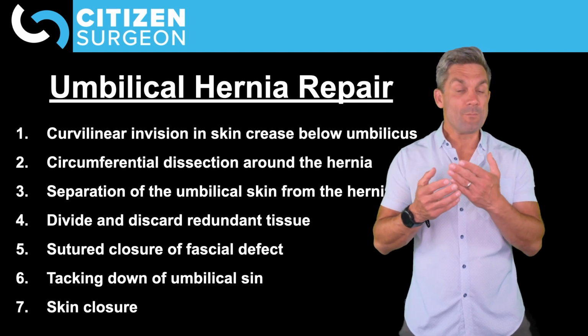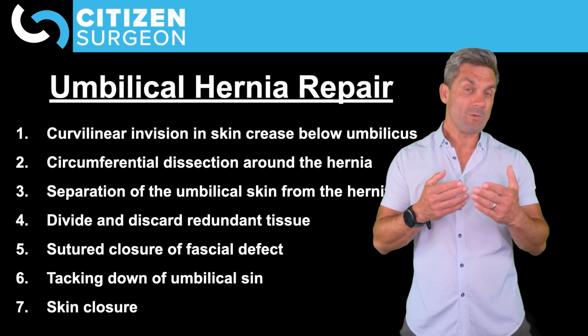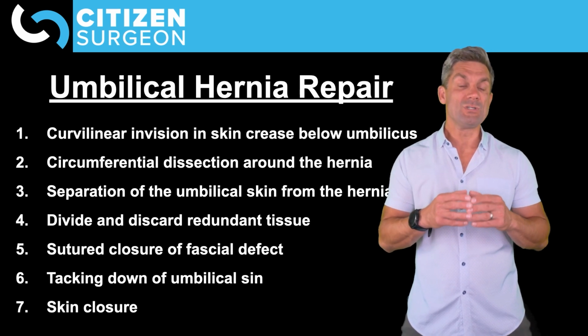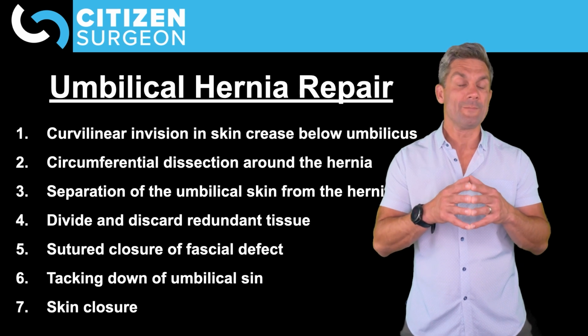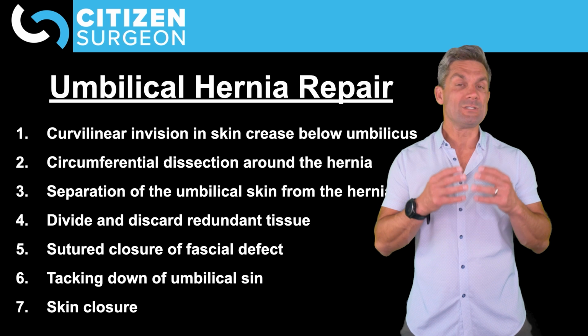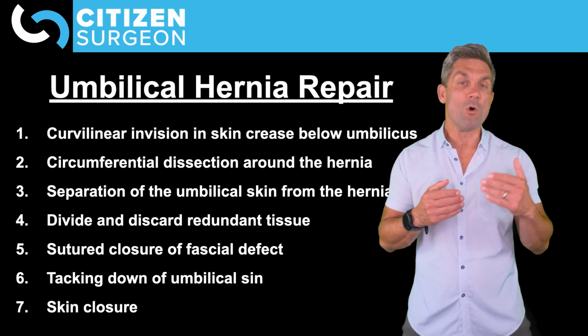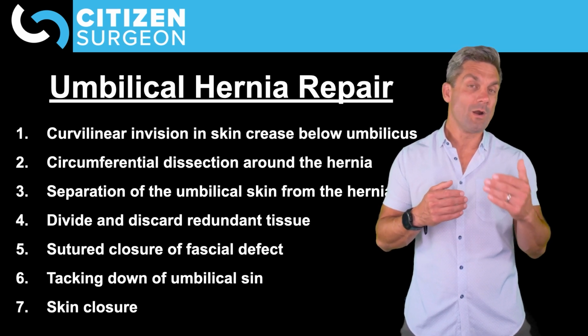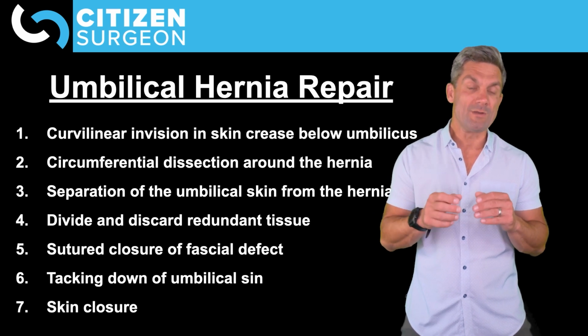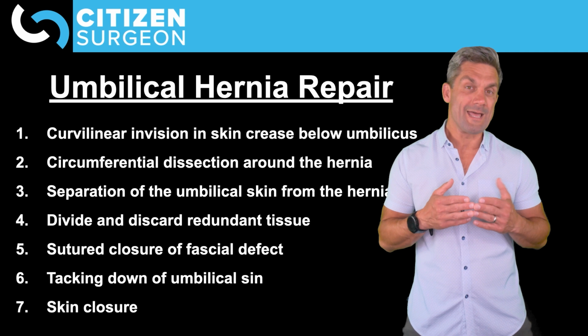Often there is some weakness superiorly, superior to the umbilicus, and I will excise this tissue so I can get a nice strong fascial closure. Once I'm happy with the defect size, I'll close this usually with interrupted absorbable suture on a UR6 needle. That gives me a really nice curved needle to get good bites of the fascia, and I'll close that primarily.